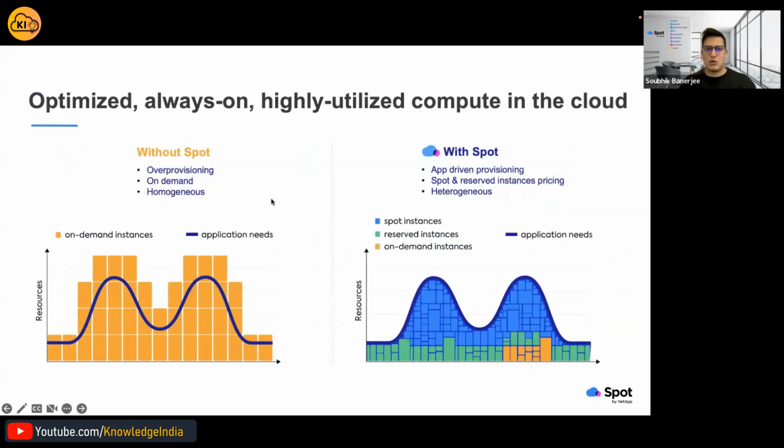Yep. So moving on, this is a representation of how the usage of your workloads or instances would look if you are using Spot.io products or without Spot.io products. First of all, without Spot, the main problem, as I was talking about earlier, is over provisioning.